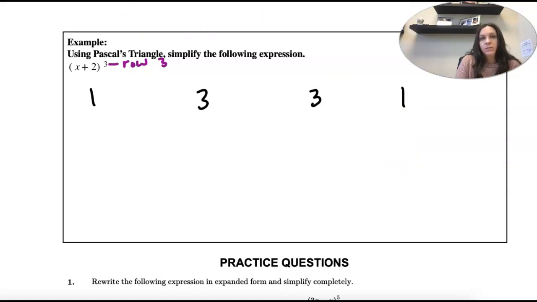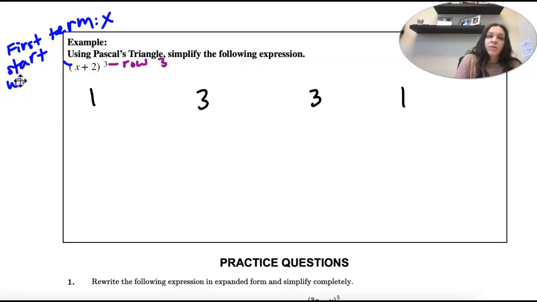Now we're going to take our first term, which here is x, and we're going to start with the highest power. I'll show you what that means.